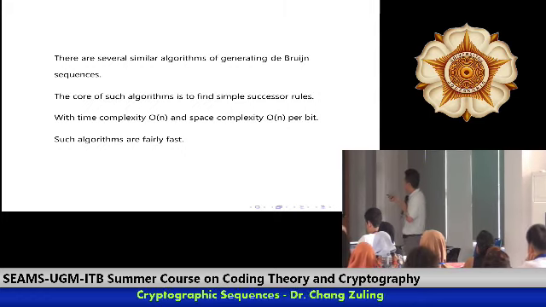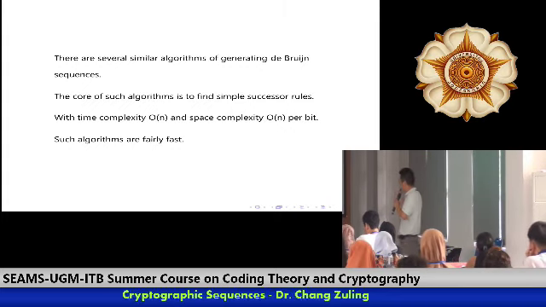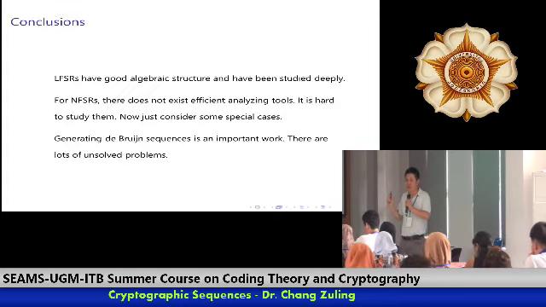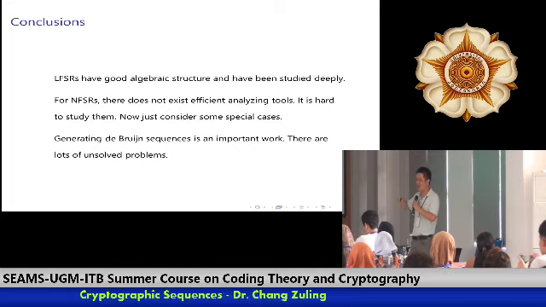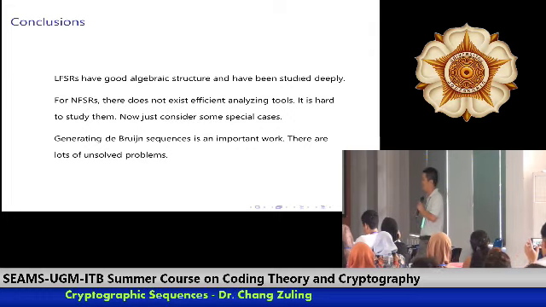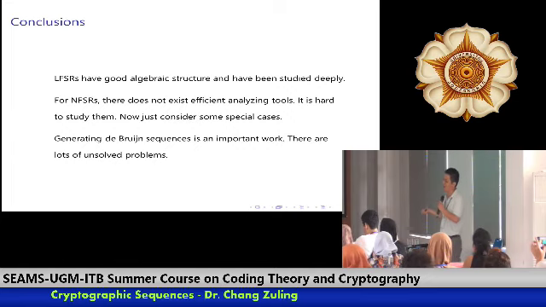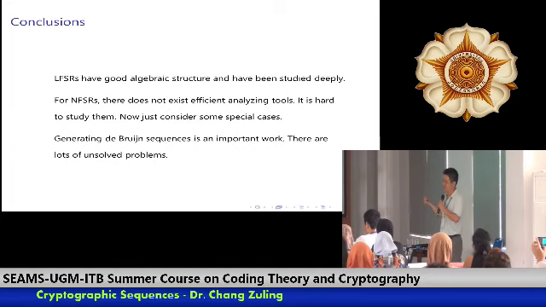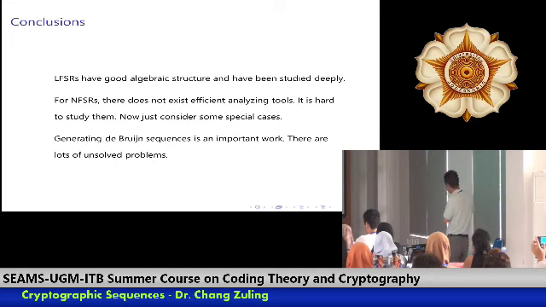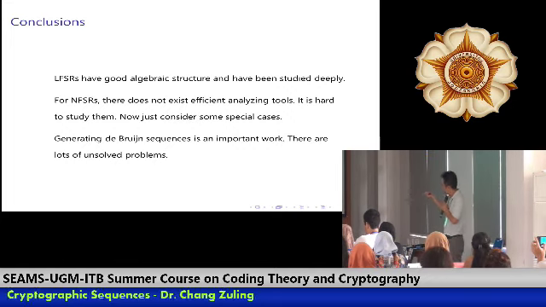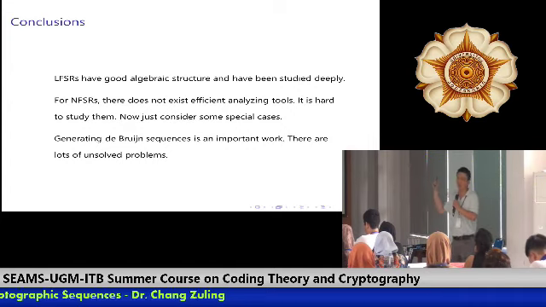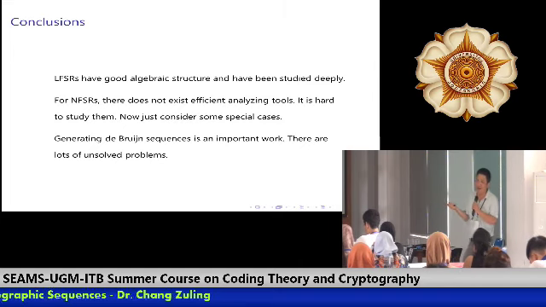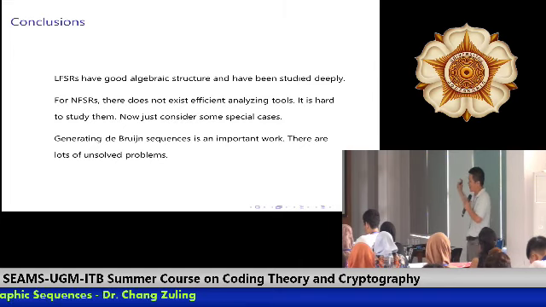Okay. These are some typical or classical generating methods of de Bruijn sequences. Furthermore, there are other methods we don't mention here. You can find such methods in papers or references. What I said in this lecture: LFSRs have been studied deeply, with lots of results, because they have a good algebraic structure.